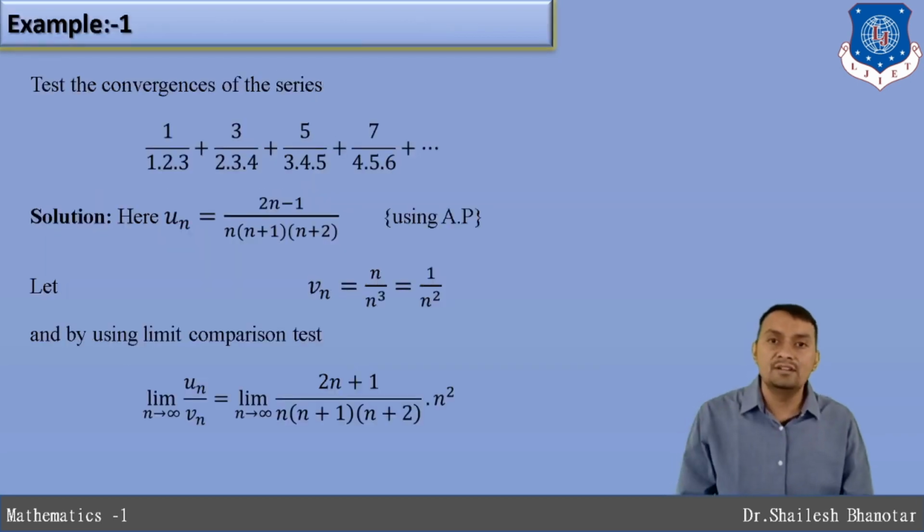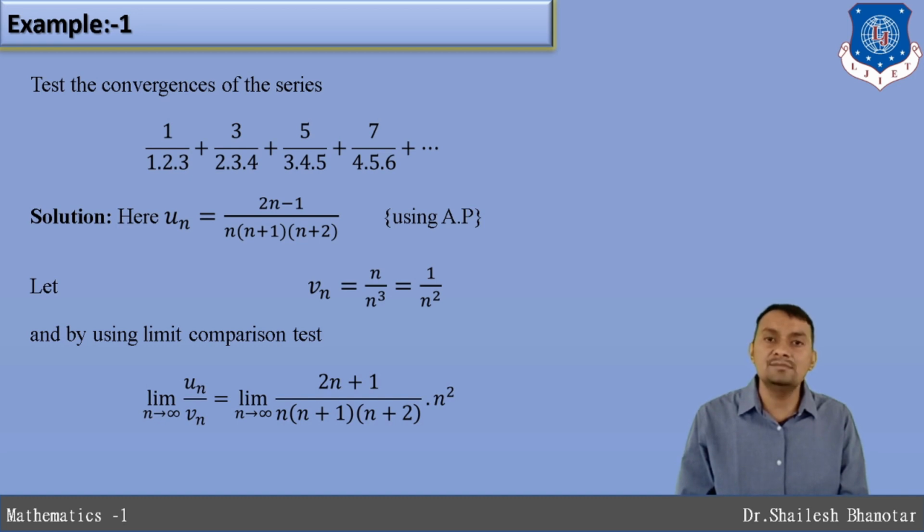Let us understand one more question. Test the convergence of the series 1 divided by 1 into 2 into 3, plus 3 divided by 2 into 3 into 4, plus 5 divided by 3 into 4 into 5, and so on. From this you can represent the nth term, but how? First concentrate on the numerator part: 1, 3, 5, 7.